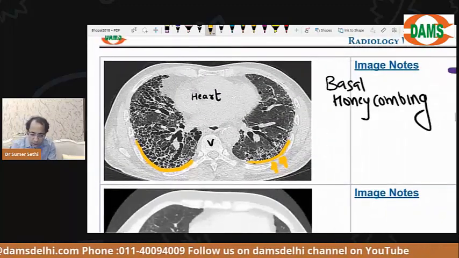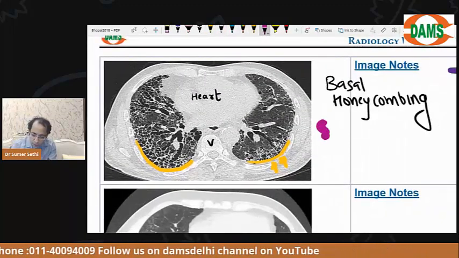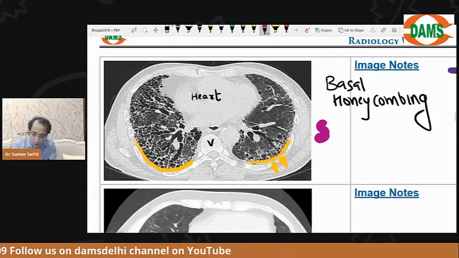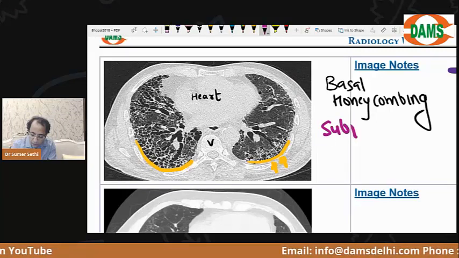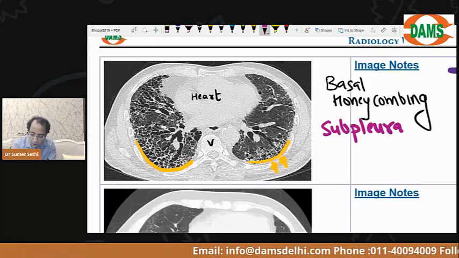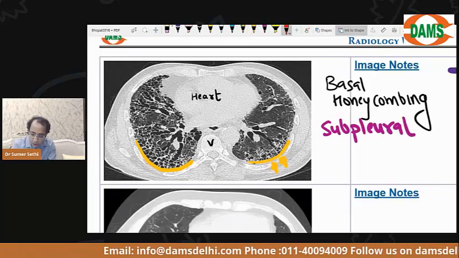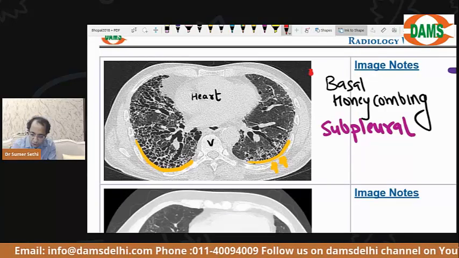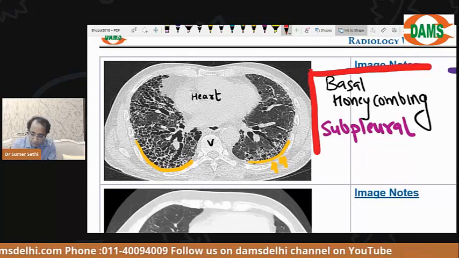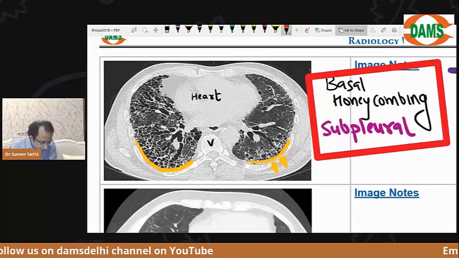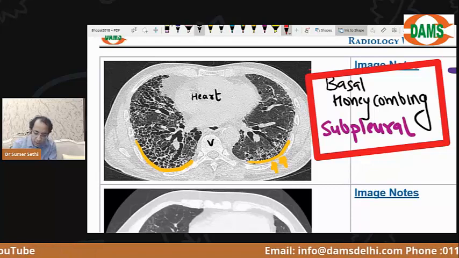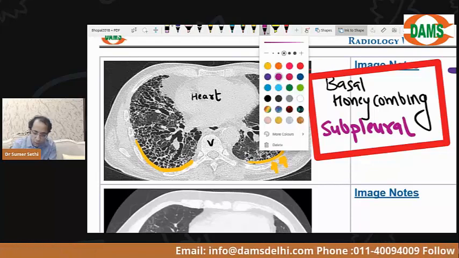So we say disease is not only basal, it is also subpleural. I'm teaching you how to characterize interstitial lung disease. This is tough. If you are unable to understand, listen to me intently. What do you see in the CT scan? We can see basal and subpleural honeycombing.